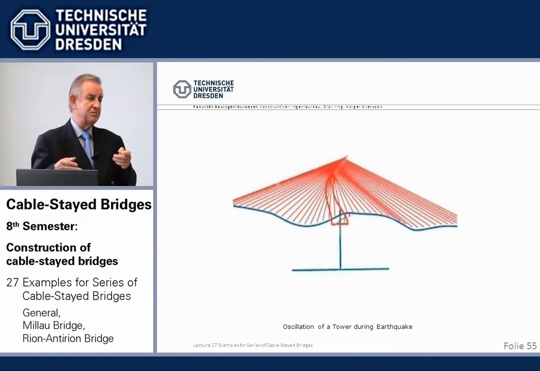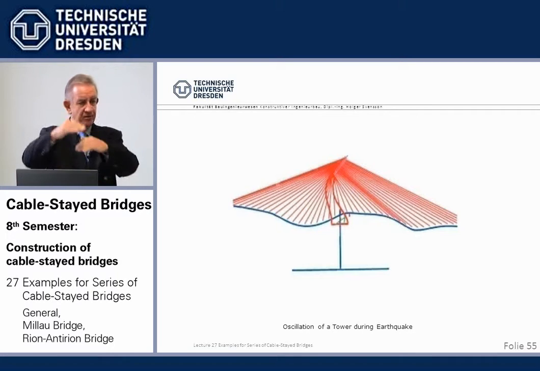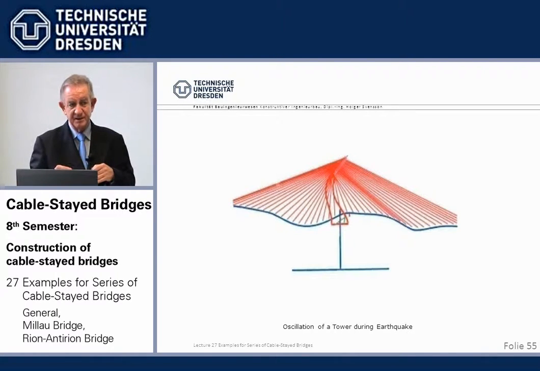And if you do that carefully, and the French have done that, you have to do many runs, and I think they checked 80,000 cross-sections for stiffness and sizing of reinforcement. If you do it in real detail, it's a very tedious work.